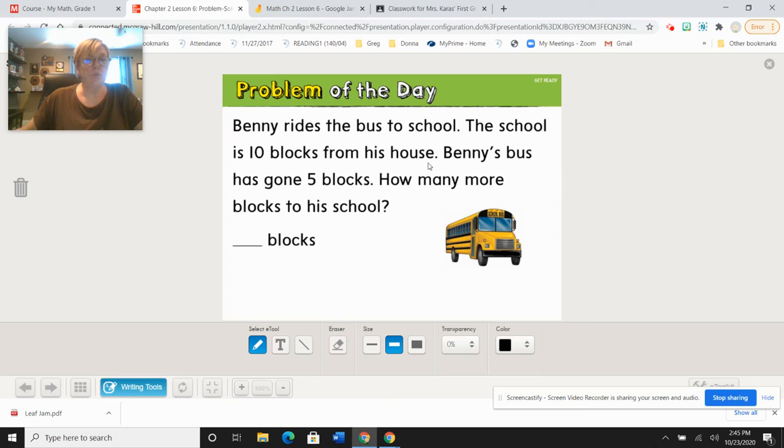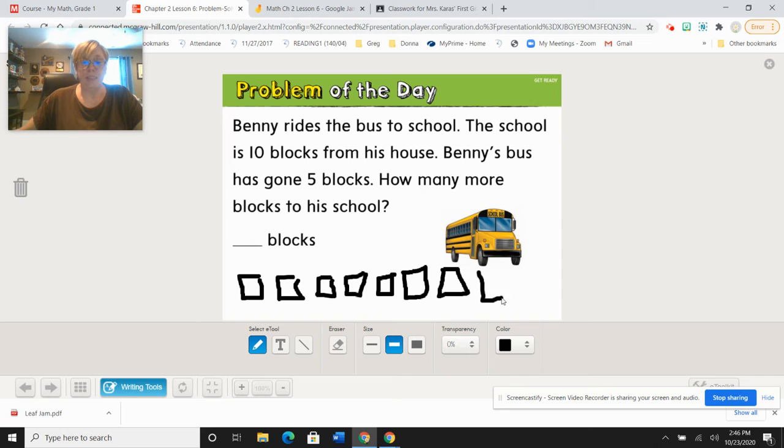They said that the school bus is 10 blocks from his house. So I'm going to draw 10 squares the best I can, because as we know, I'm not good at drawing when I have to use my right hand and I'm left-handed. I'm going to try the best I can. 1, 2, 3, 4, 5, 6, 7, 8, 9, 10. Not too bad. Some of them look more like rectangles or parallelograms, but okay.